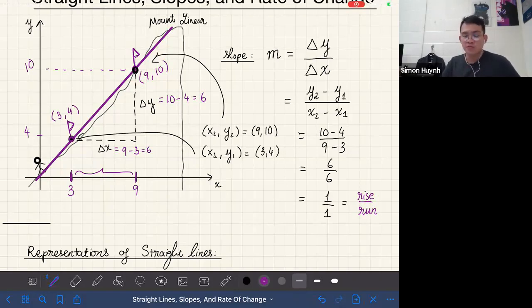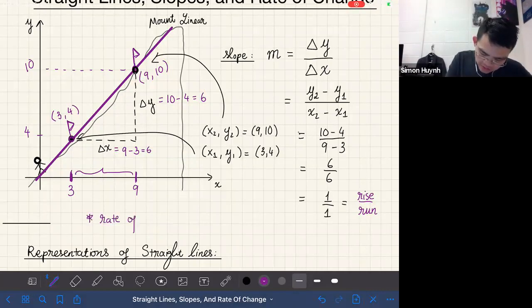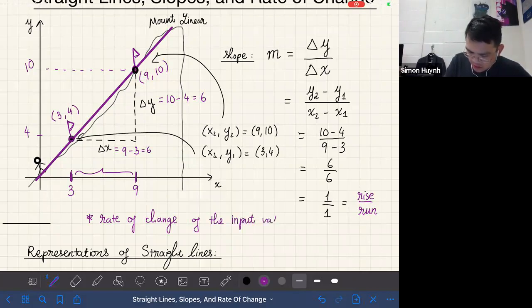And the slope here also represents the rate of change of the input value and output value.